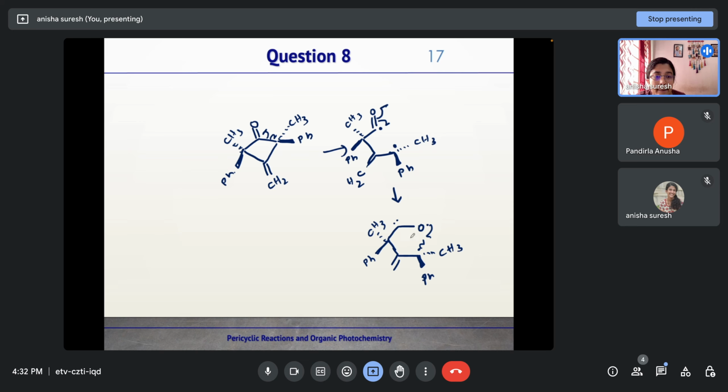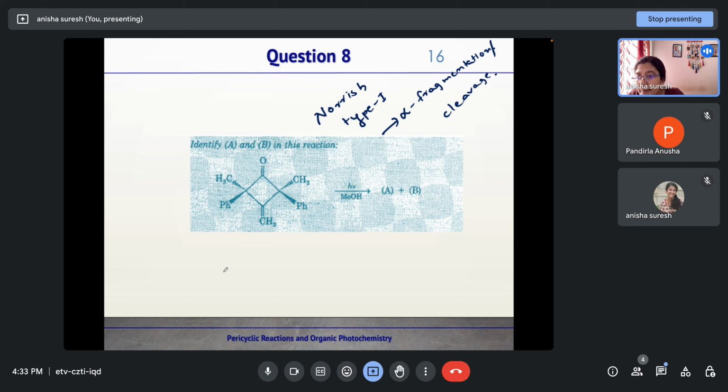Now this will combine, leading to formation of Ph, CH3. Here anion will be there, CH3, Ph. So it is in methanol.